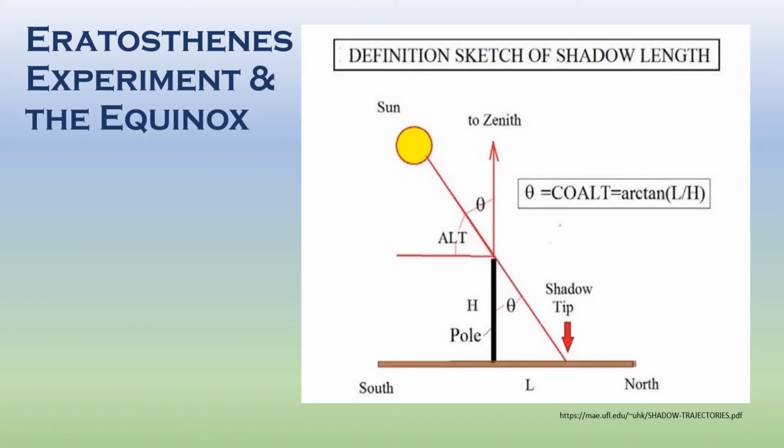What I will do is go through the methodology of the measurement again. We have a stick and shadow, and using the angle created by the stick and the shadow, we can measure not only the sun's angle, but the angle that matches our latitude on Earth. So we measure the height of the stick and the length of the shadow, and we can work out that angle.